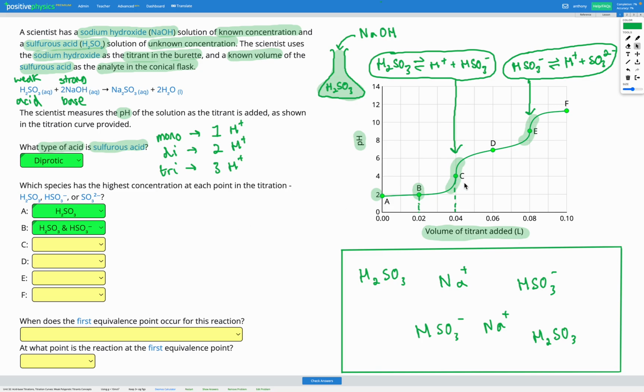Now, when we get to point C, that is going to be our first equivalence point. At that first equivalence point, that's when all of our H2SO3 has reacted with NaOH to form HSO3 minus. So we're going to have to add 2 more NaOHs. Again, they'll be split up into their ions. And again, any OH minus added will react with H2SO3 to form H2O and HSO3 minus.